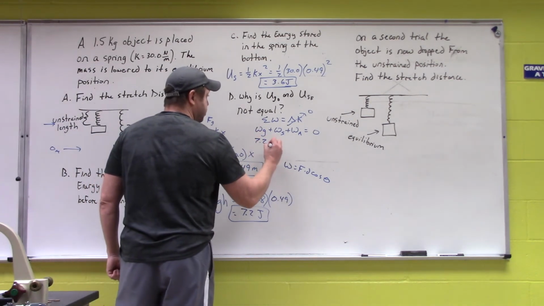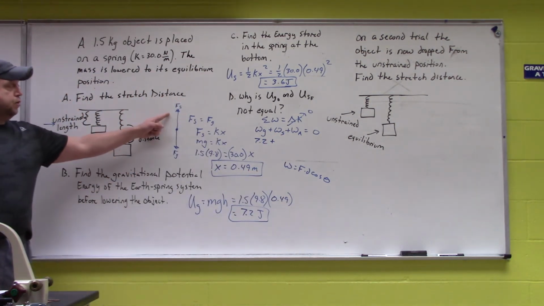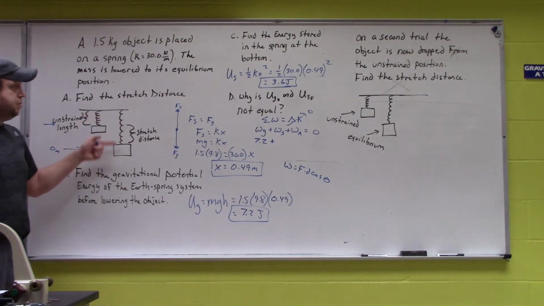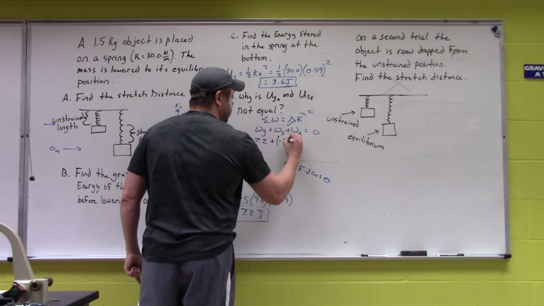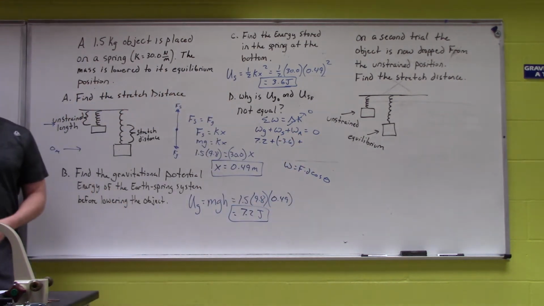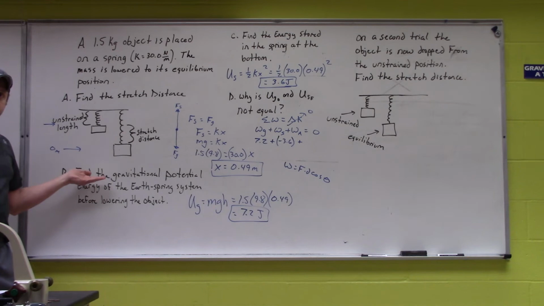So 7.2 plus. Now, the force from the spring is up though. The object moves from this position to this position, so the work done by the spring is negative. And the applied force, if we're holding this here, is up. If we lower it down, the applied force is still up.